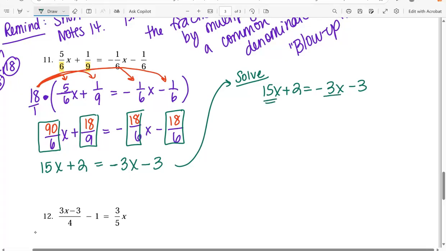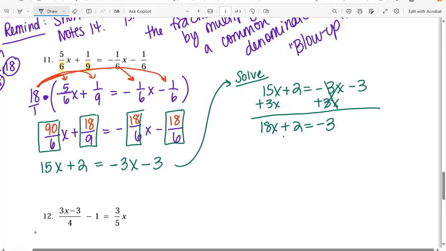I've got x's on two sides, so I'm going to combine them by adding 3x to both sides, leaving me 18x plus 2 equals negative 3.